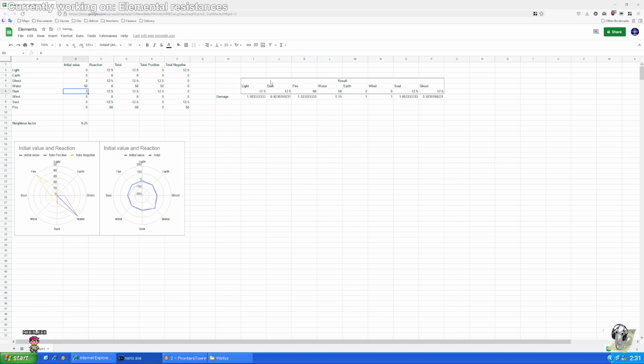So 50, this one. So it decreases by 25%, increases by a third. 100 is 60% plus 60% roughly. 150 is a half, and times 2 for the opposite element. 200, 300.